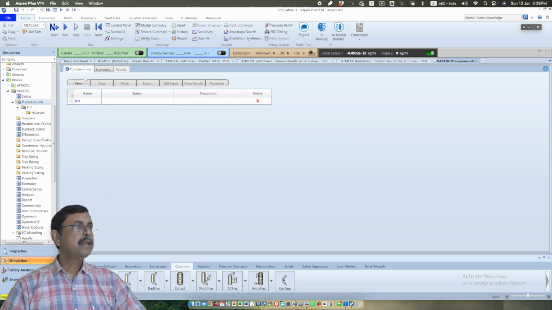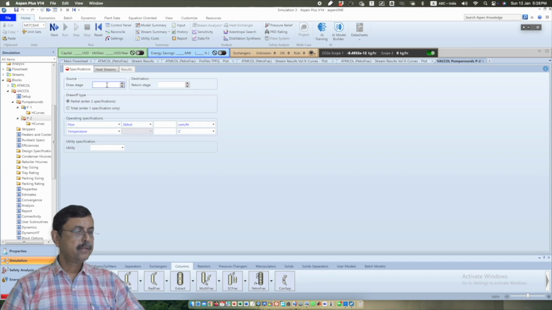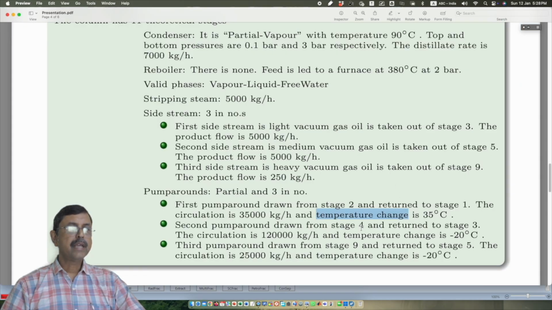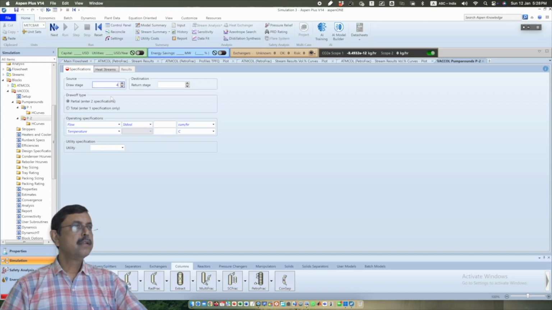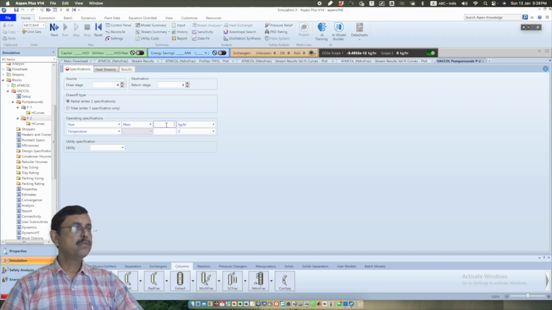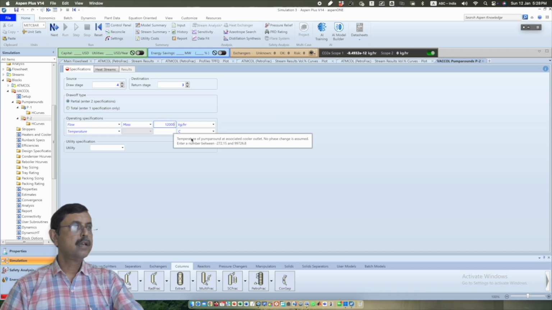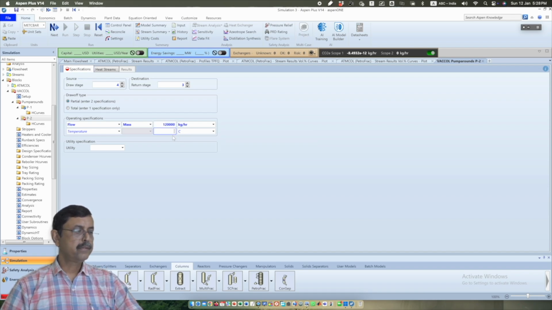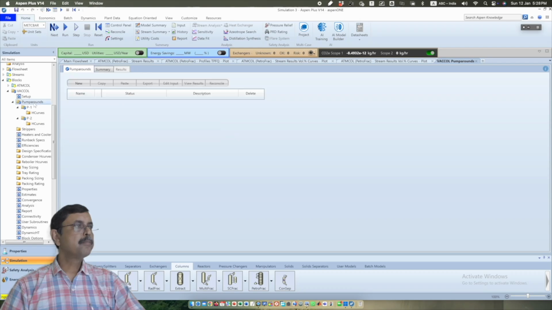Okay. Then the second one is stage 4 to stage 3. Stage 4 to stage 3, the flow rate will be 1,20,000 kg per hour of circulation. So 1,20,000 kg per hour circulation, and temperature drop is minus 20 degrees centigrade.